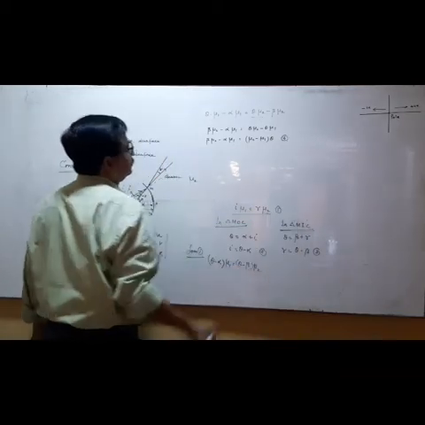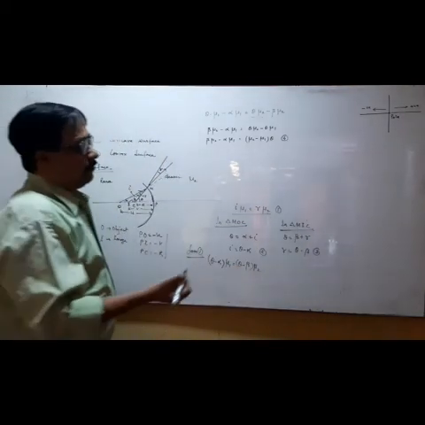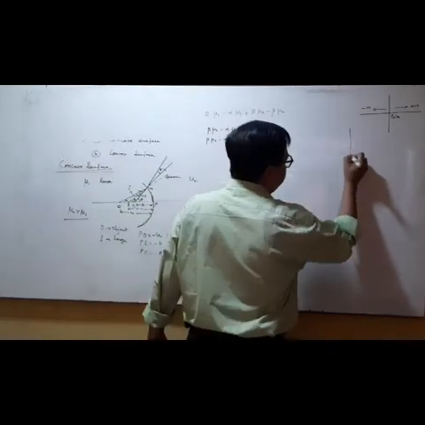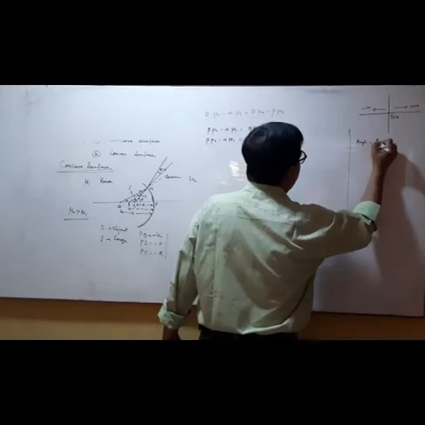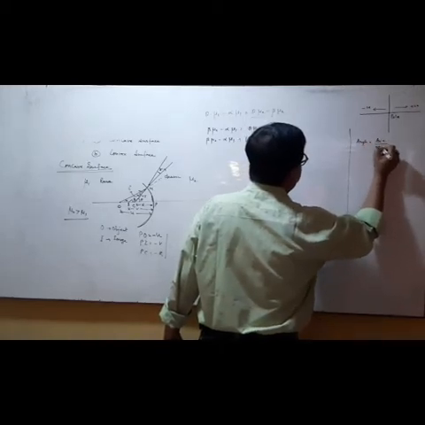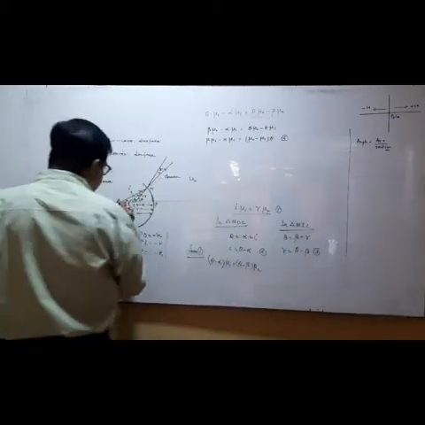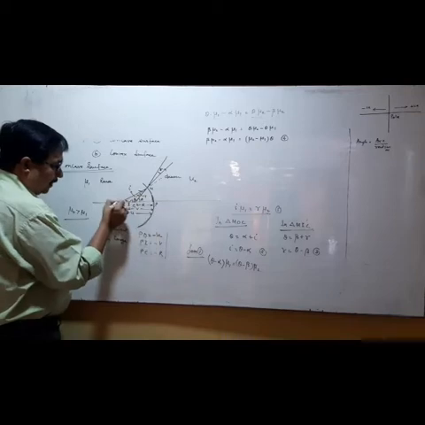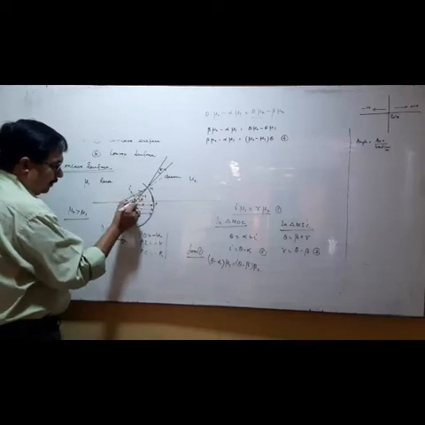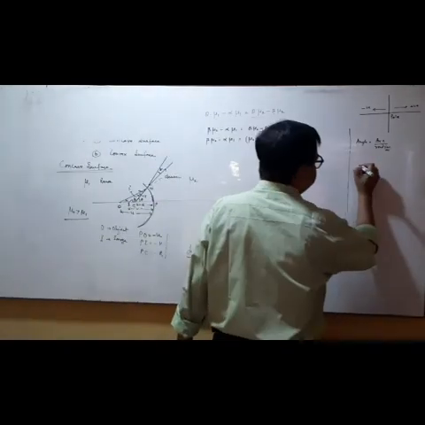Now again we use the formula angle equal to arc upon radius. Now see, we can apply this to OMP, IMP and CMP. We have a diagram like this.